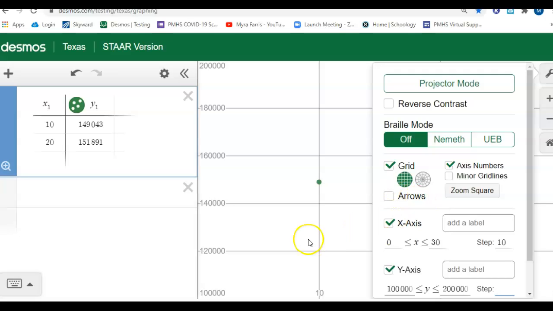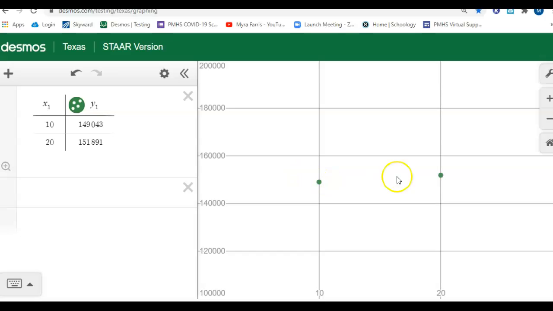I'll let the computer set that. So do you see the data points? In order to see the data points, you have to change your scale. I went from 0 to 30 in the X direction and 100,000 to 200,000 in the Y direction.